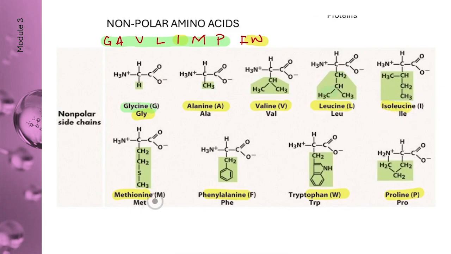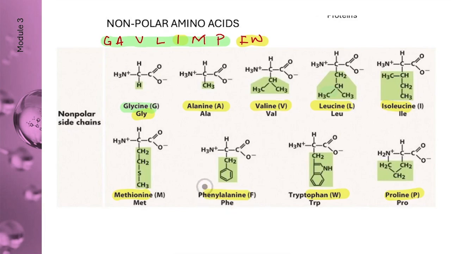Methionine, M, 3-letter of MET. Phenylalanine is an exception. Phenylalanine in this case is F. So we can see that it's an exception. There are some exceptions to those amino acids where their first letter is different from the actual letter of the amino acids.